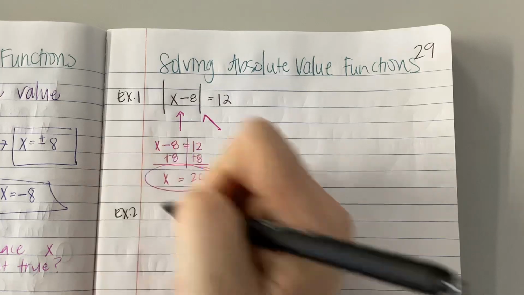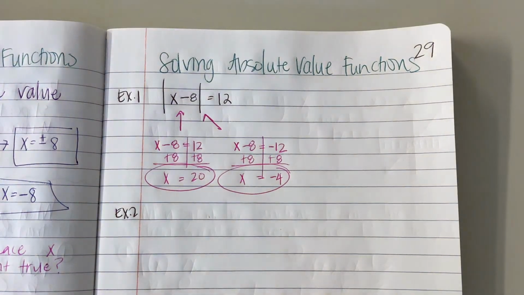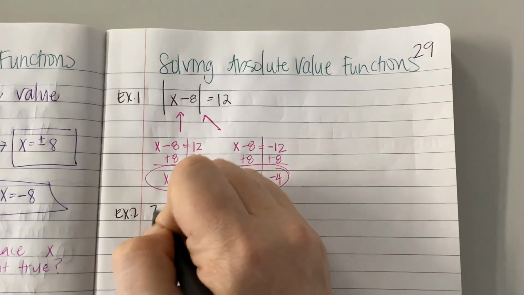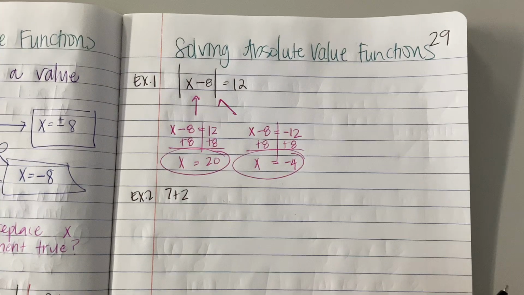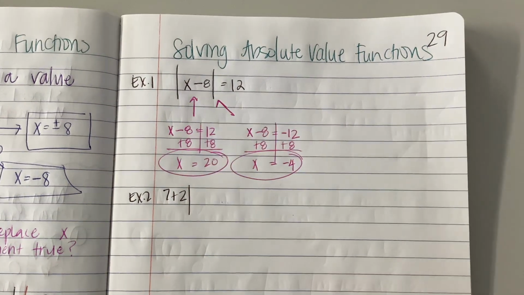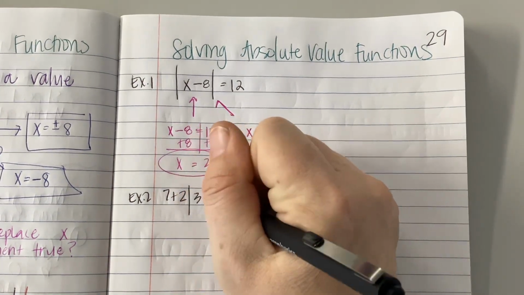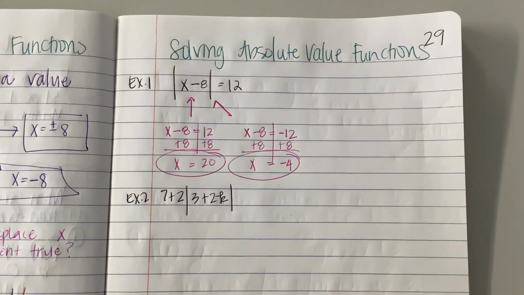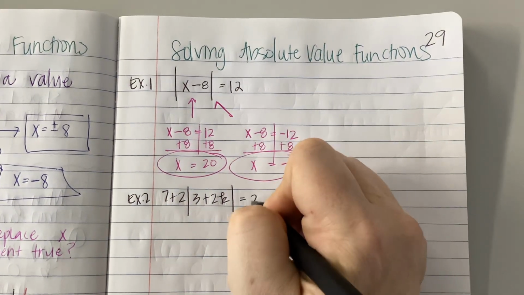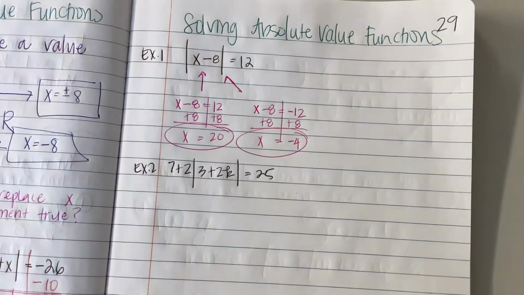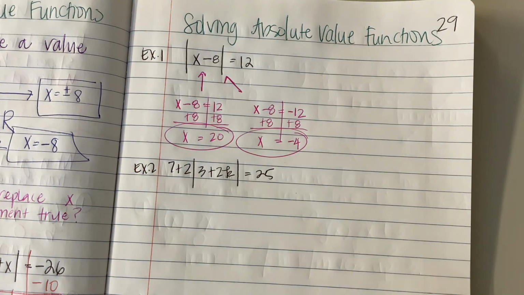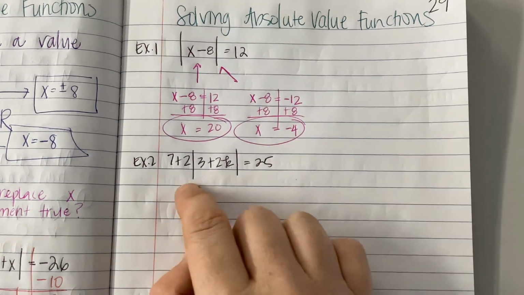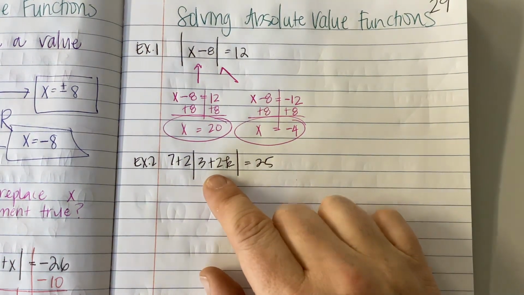Example 2. 7 plus 2 times the absolute value of 3 plus 2k equals 25.